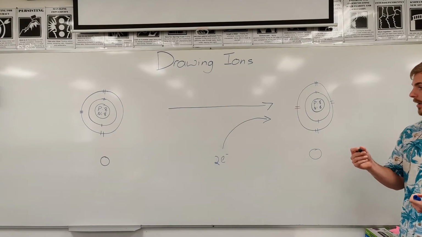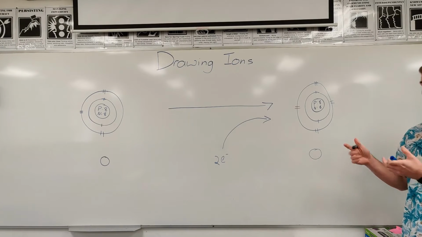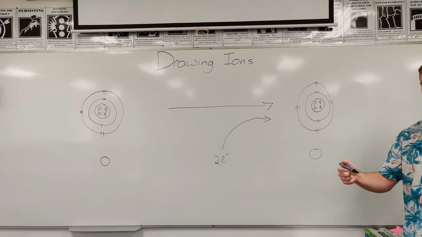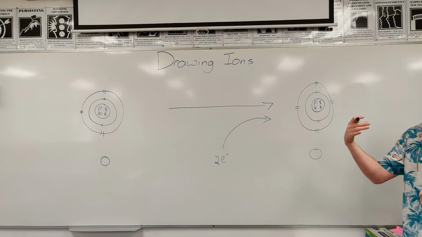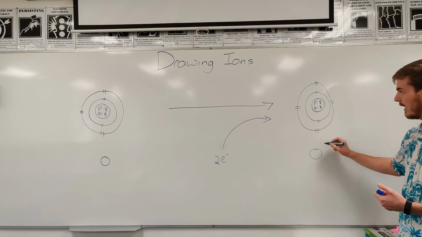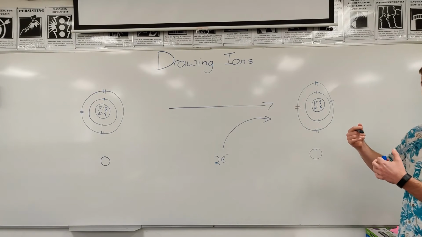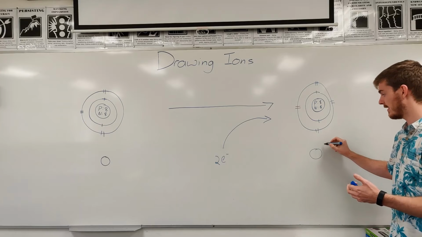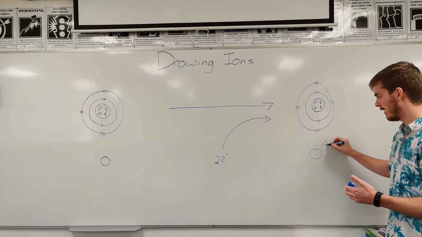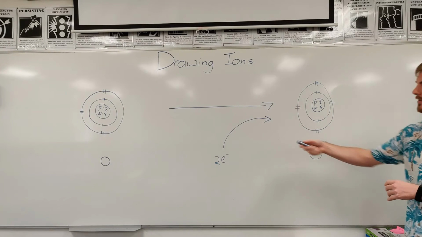And again, we just need to notify this on the symbol. So we write it in the top right hand corner. We always write it up here, and because we've added 2 electrons, it kind of doesn't make sense that it is now a negative 2. But that's the charge of the electrons.